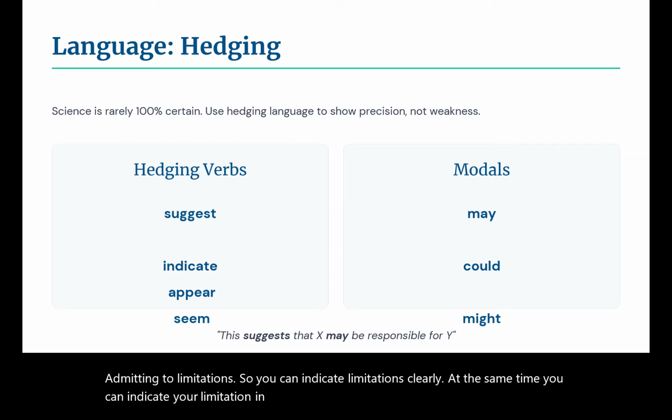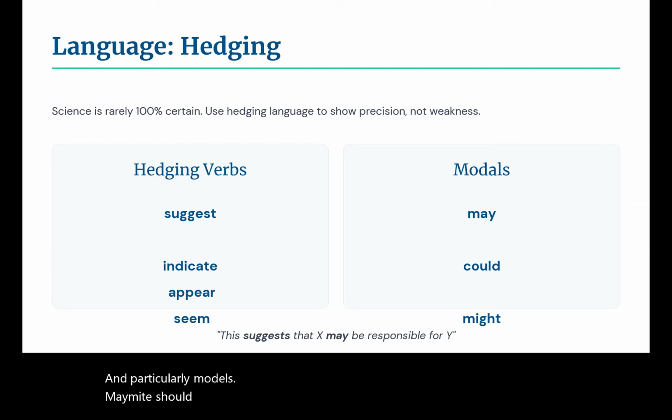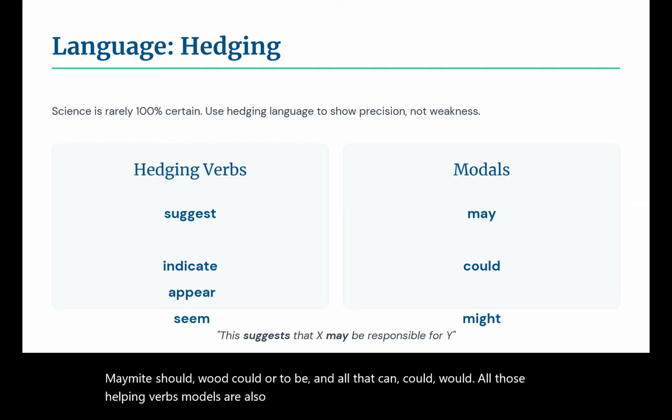So you can indicate limitations clearly, and at the same time you can indicate your limitation in the hedging devices of language as well, right? And particularly modals: may, might, should, would, could, ought to be, and all that, can, could, would. All those helping verbs, modals, are also indicative of this hedging. Look at the example.